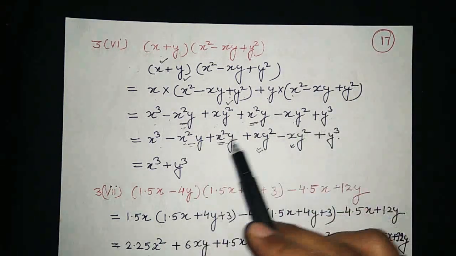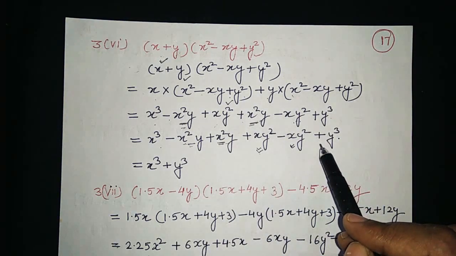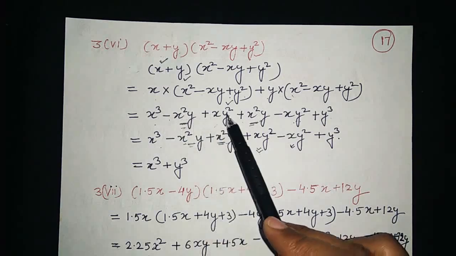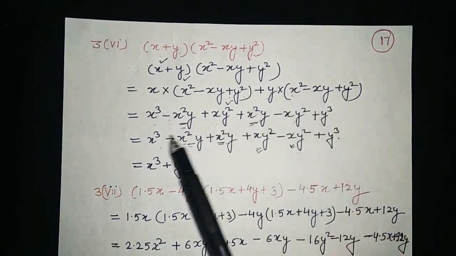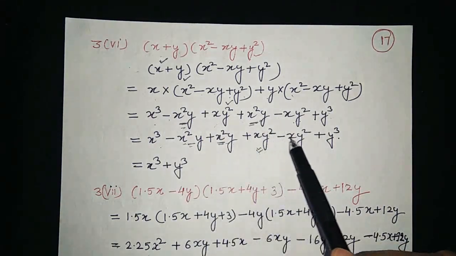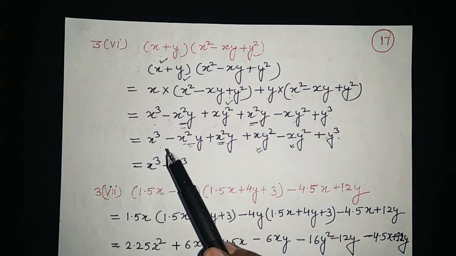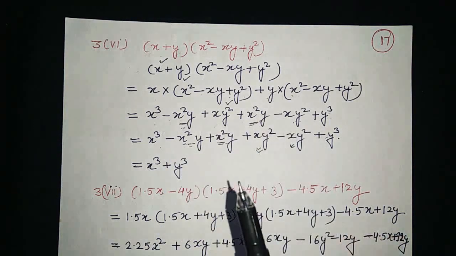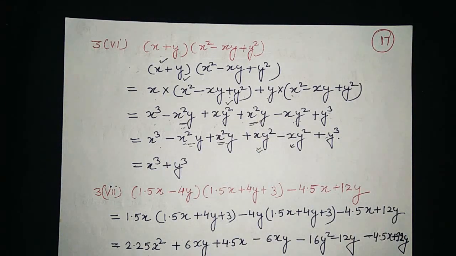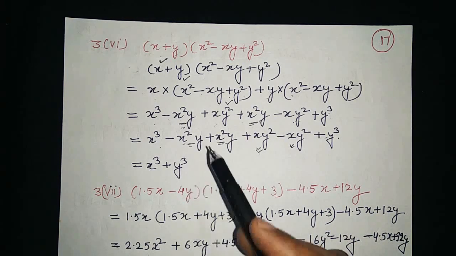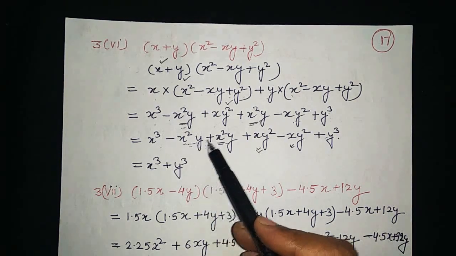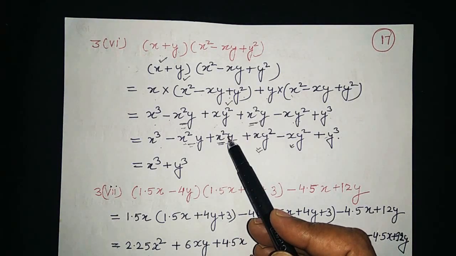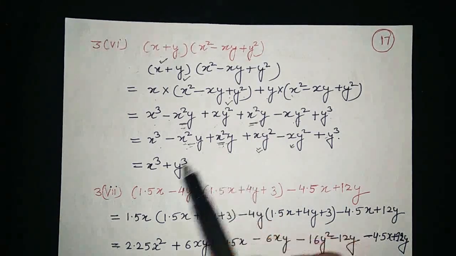Now we will see whether we have written all the terms or not. 1, 2, 3, 4, 5, 6 and here 1, 2, 3, 4, 5, 6. Here you can see you have written all the terms. Now we will solve again. Minus x²y and plus x²y, if we solve, we get 0.